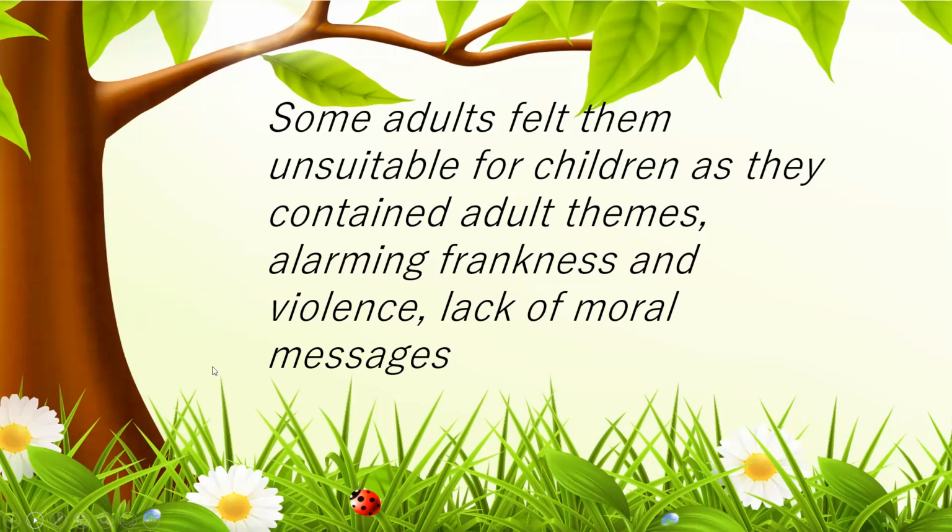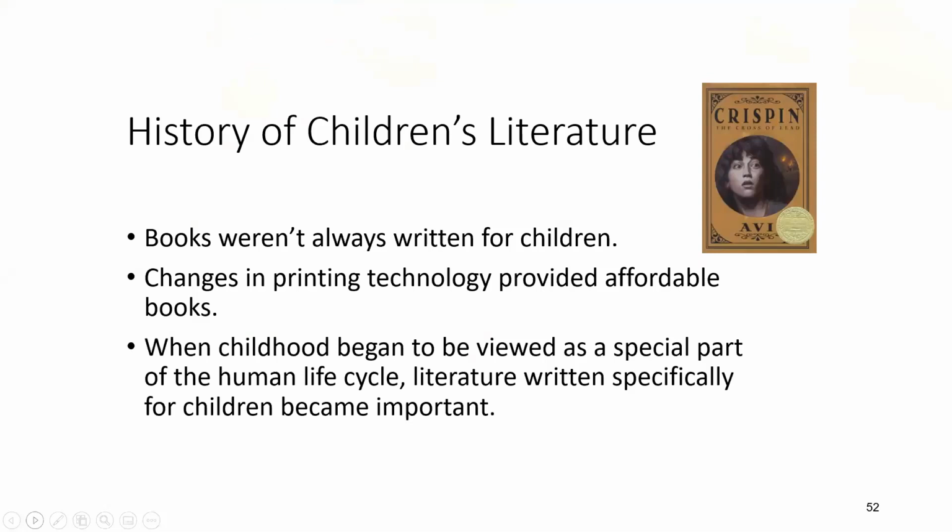Okay. Let's proceed. So let's have then a quick summary of the history of children's literature. So before, books weren't always written for children, which is true. It is intended for everyone, and it's not yet written. It is orally introduced to everyone. And then changes in printing technology provided affordable books. Since marami nang available books, mas mura na rin.